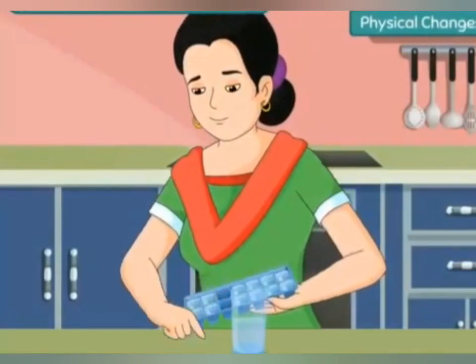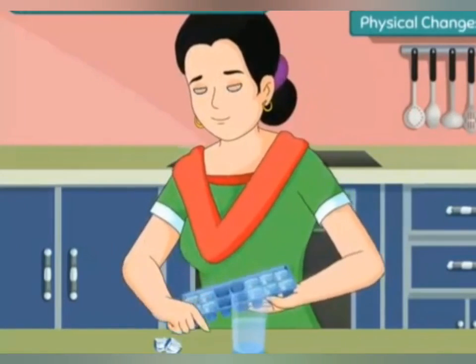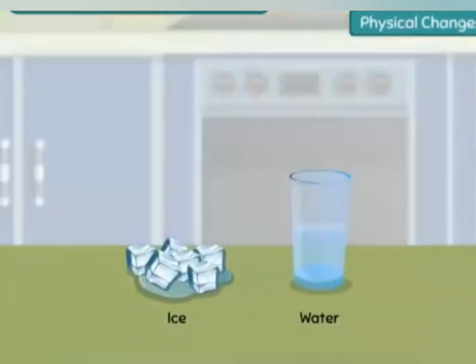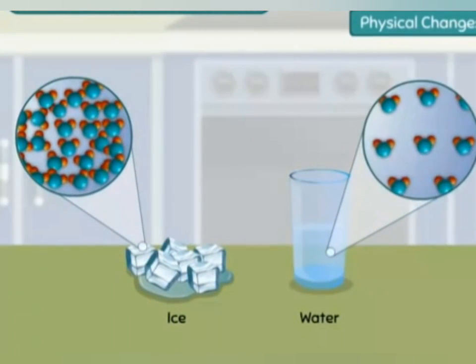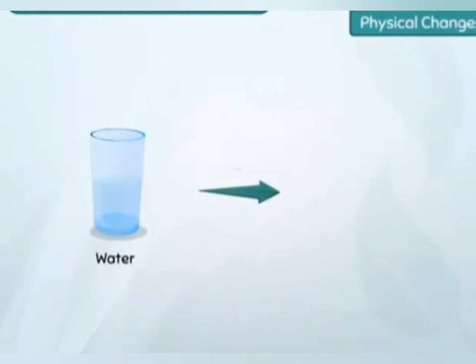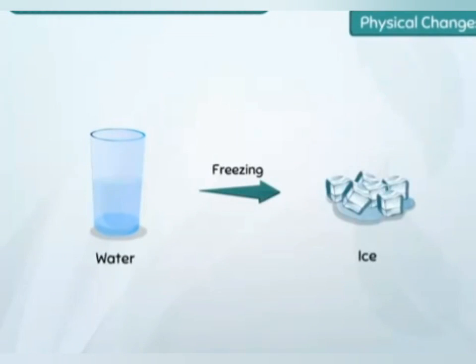When water is frozen, it forms ice. However, ice and water are made up of the same type of substance, that is, water molecules. This means that freezing just changed the physical form of water from liquid to solid, but the molecules inside remained the same.